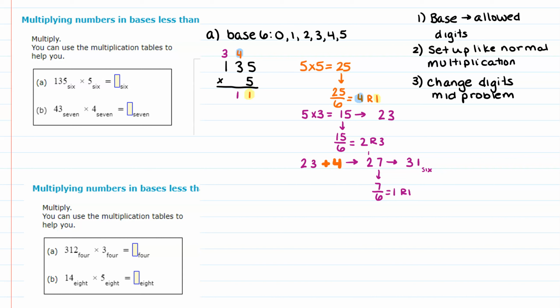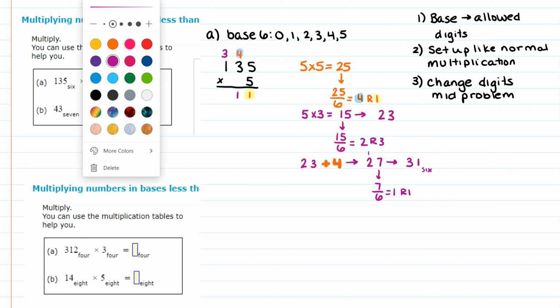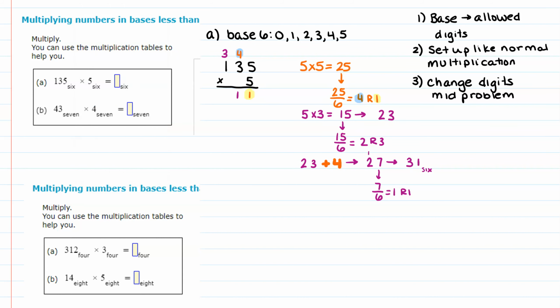Now we'll do the multiplication one last time. So we're going to do 5 times 1, which is 5, which is an allowed digit, so that's cool. And then I need to plus 3 to it, which gives me 8. But 8 is not allowed, so I have to do 8 over 6 makes 1 remainder 2.